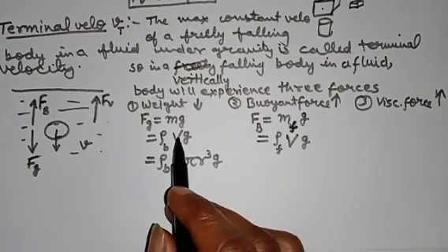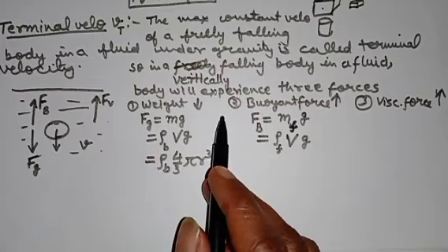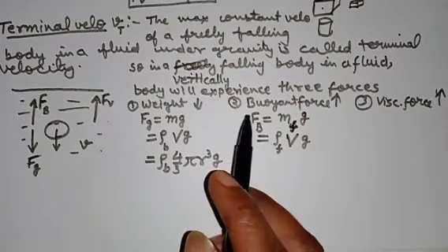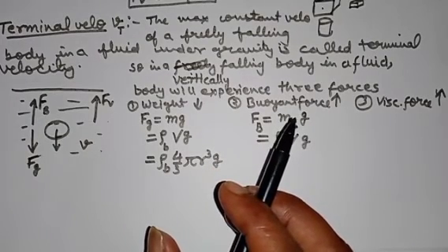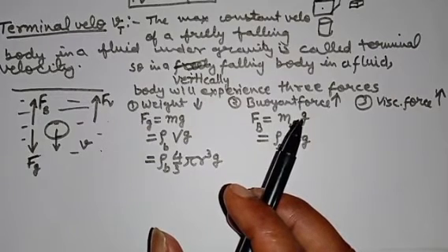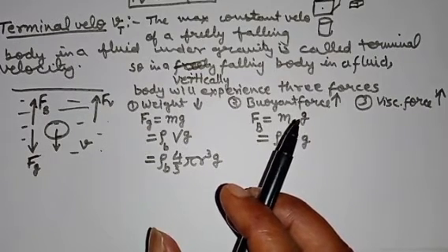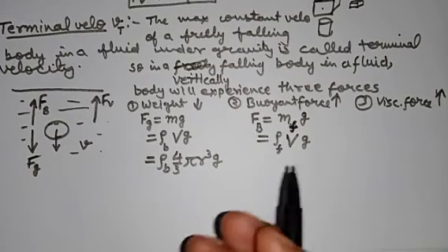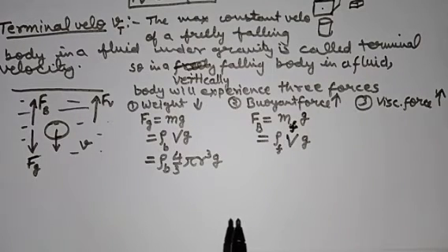Actually, in buoyancy, what happens? When an object is immersed into liquid, it displaces some liquid, and that displaced liquid exerts pressure, and the force exerted on that object is equal to the weight of water displaced by the object.